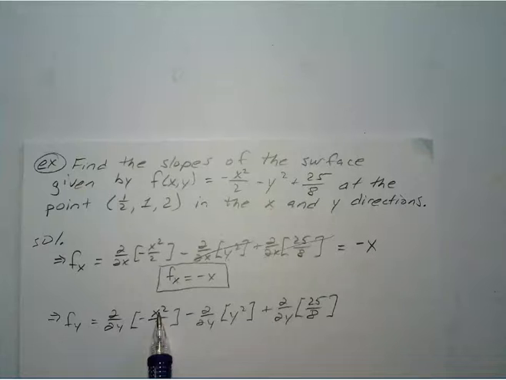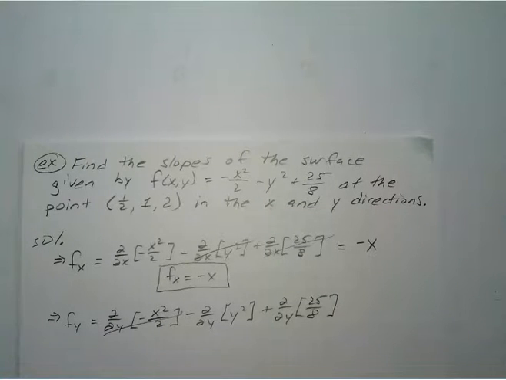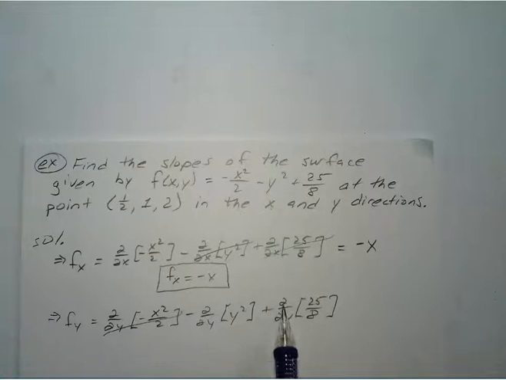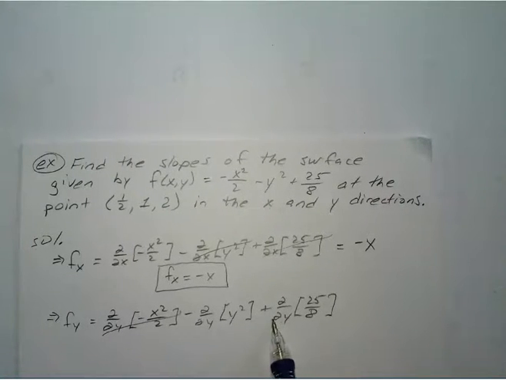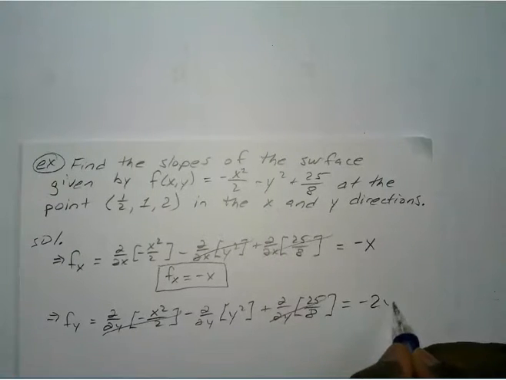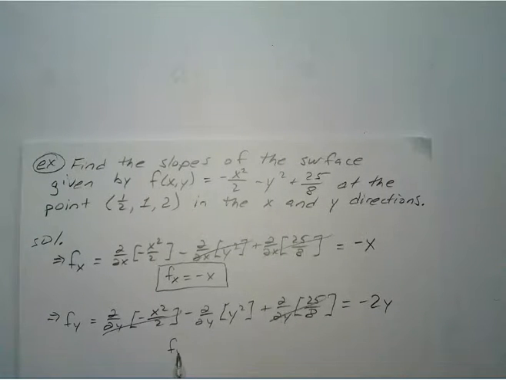So the x is considered a constant. So you have the derivative of a constant is 0. Again, here you have the derivative of a constant, so that's just 0. which leaves us with the derivative of y squared, which is 2y. So you have the minus 2y. So partial with respect to y is negative 2y.